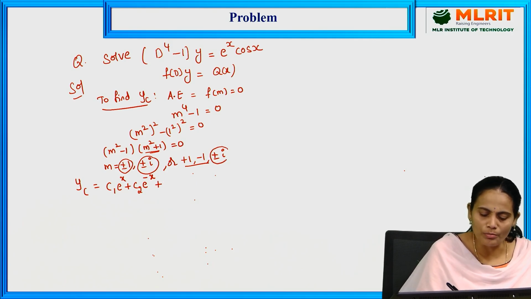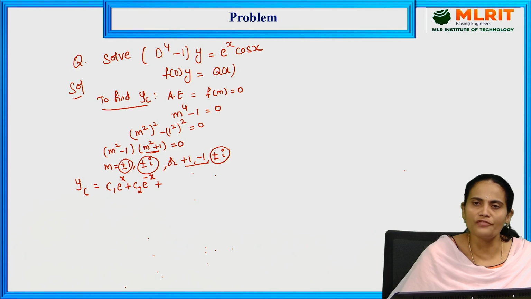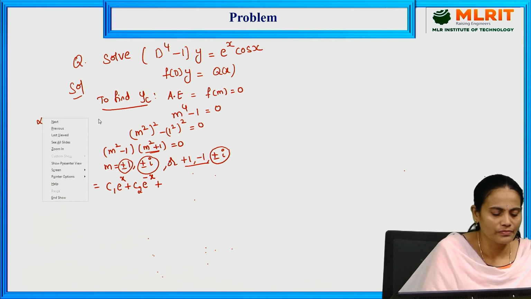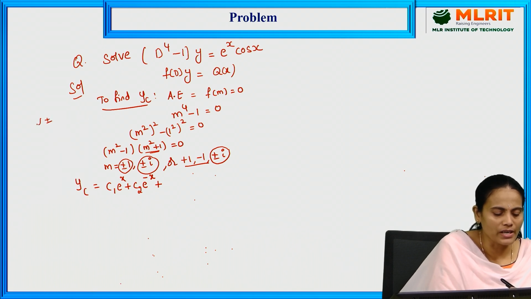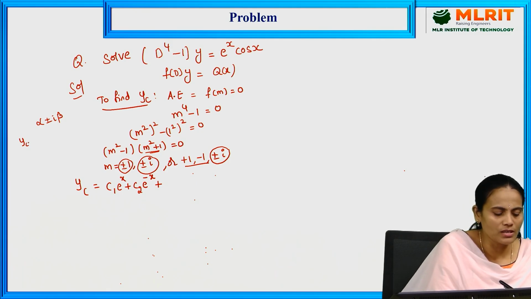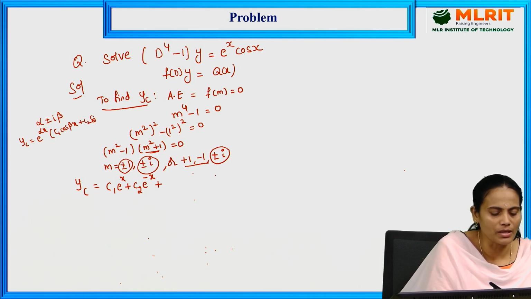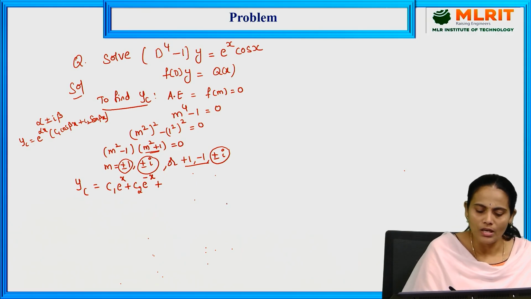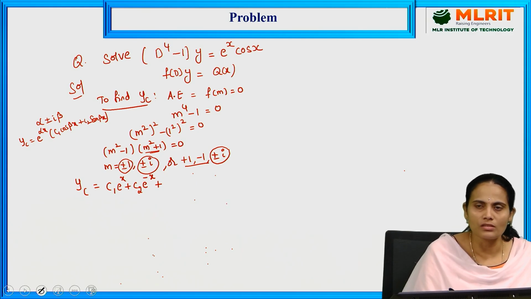Next we write the complementary function for the complex roots. We know the form: if the roots are alpha plus or minus i beta, then the complementary function is e power alpha x into c1 cos beta x plus c2 sin beta x. Here there is no alpha, which means 0, so e power 0x.